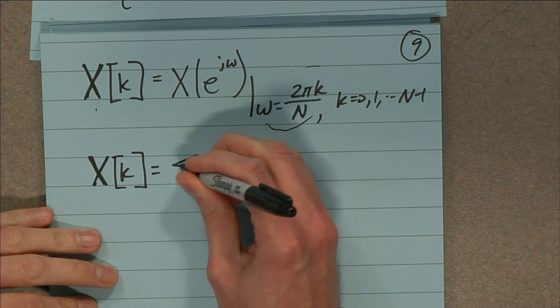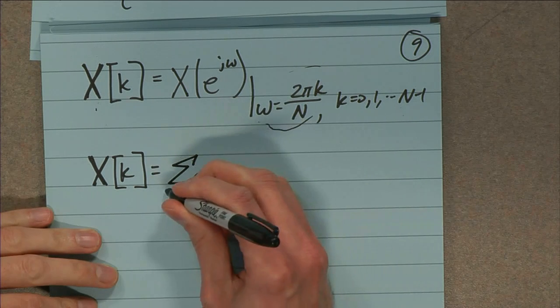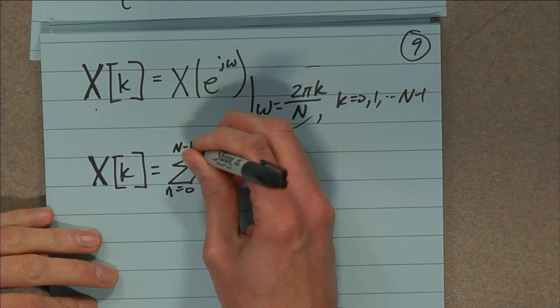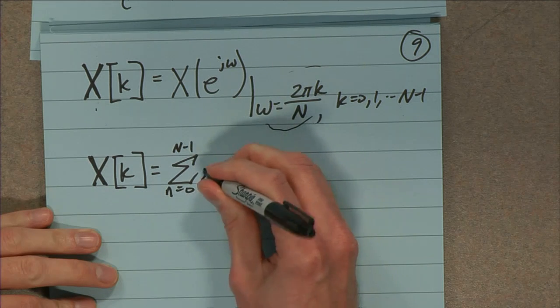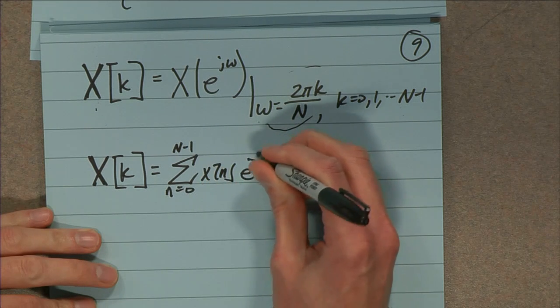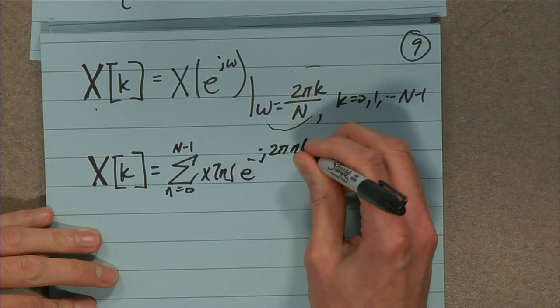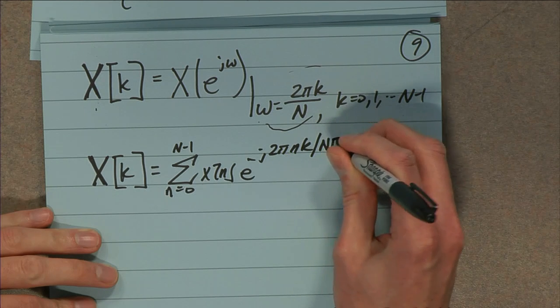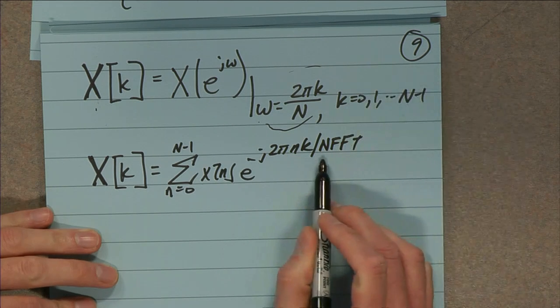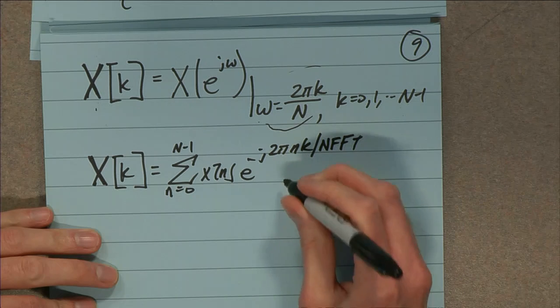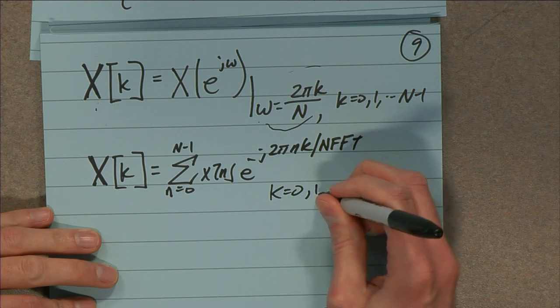So how is that done? And we'll show how to do it in MATLAB in just a second. And that is x of n again, e to the minus j 2 pi nk all over nFFT, where nFFT is the number of frequency samples out.